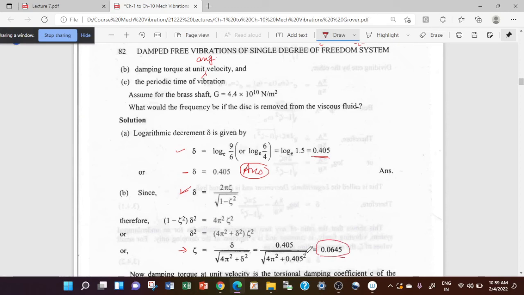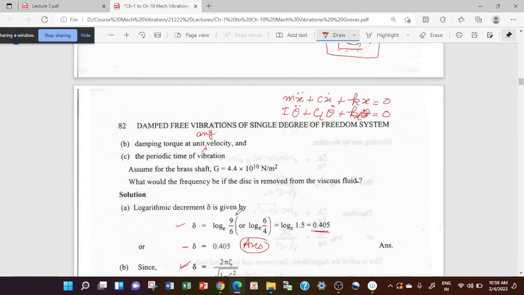Now we need to find the damping torque at unit velocity. This is the mass moment of inertia of the disk, and this is your damping torque. So basically every term here has the unit of torque.